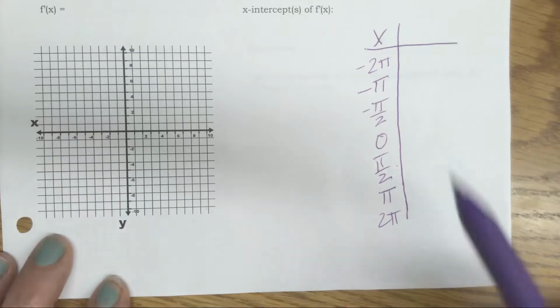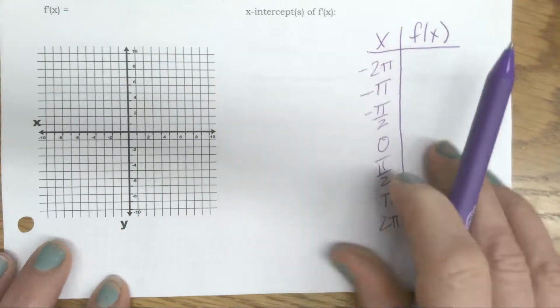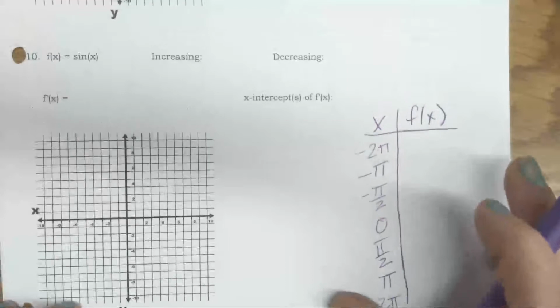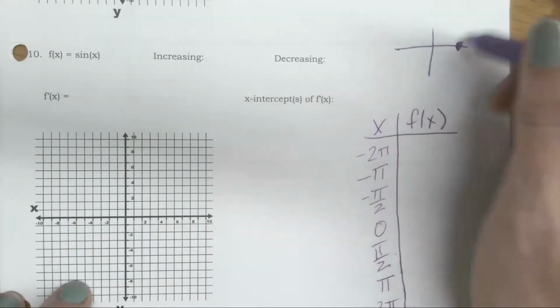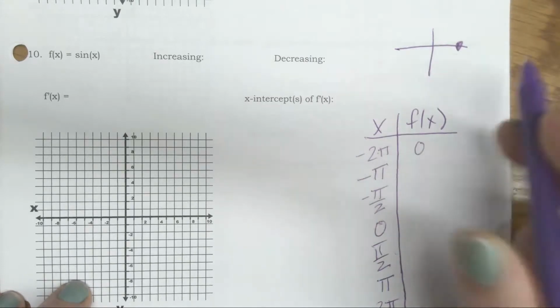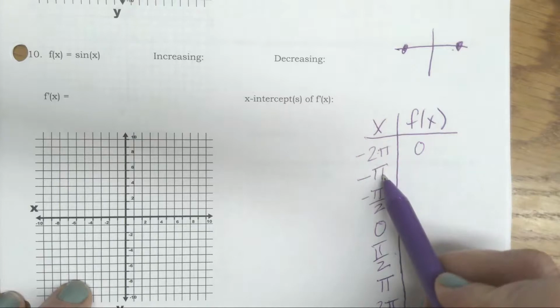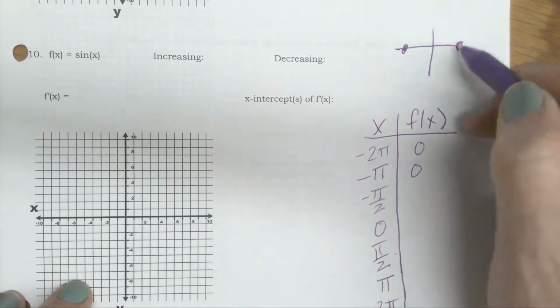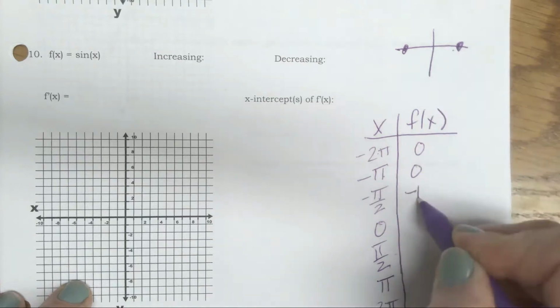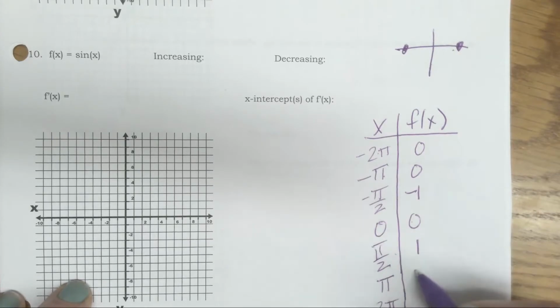Okay. So f of x this time, if I do put in negative 2 pi, what's the sine of 2 pi? Think of it right here. That's this point. 0. That's 0. How about what's the sine of negative pi? It's still 0. How about negative pi over 2? Negative 1. That would be here. Yeah, negative 1. Nice. How about 0? 0. How about pi over 2? 1. How about pi? 0. 2 pi, 0.